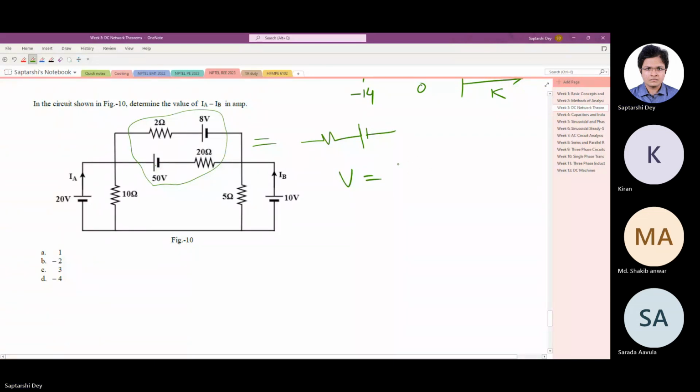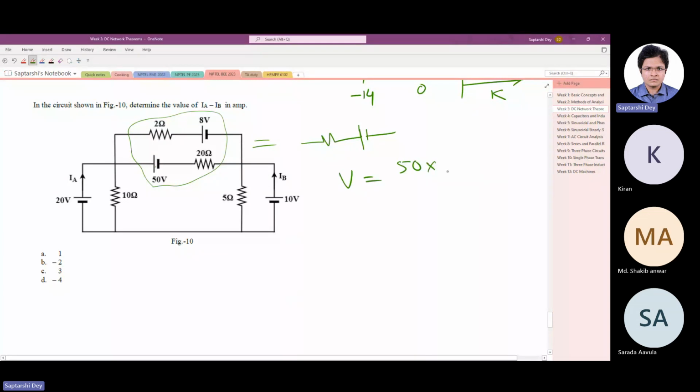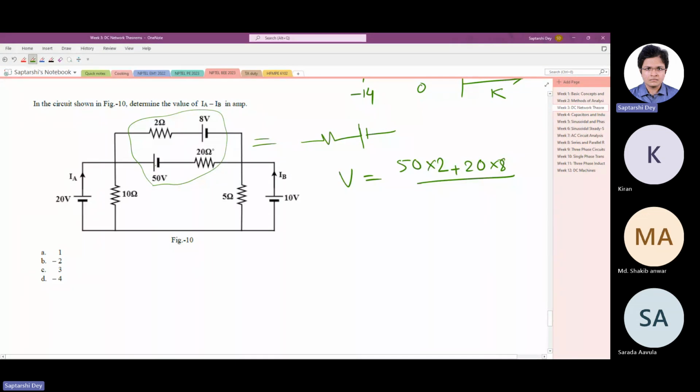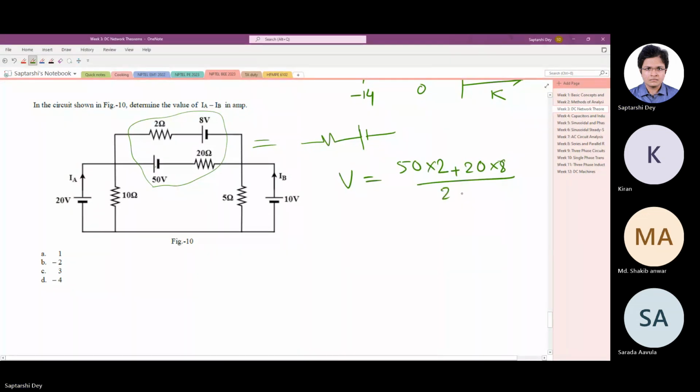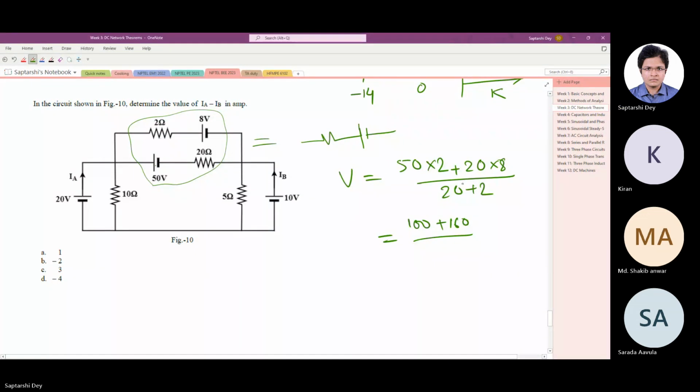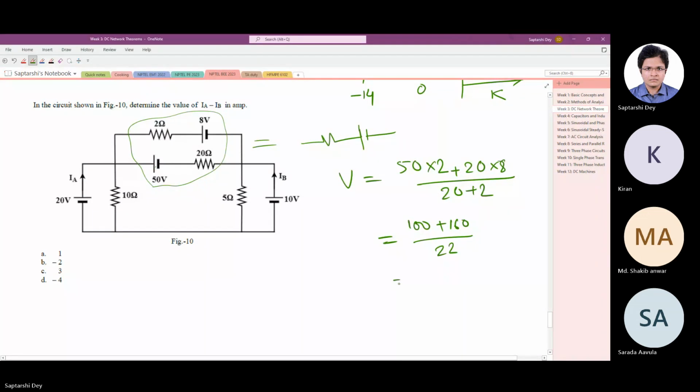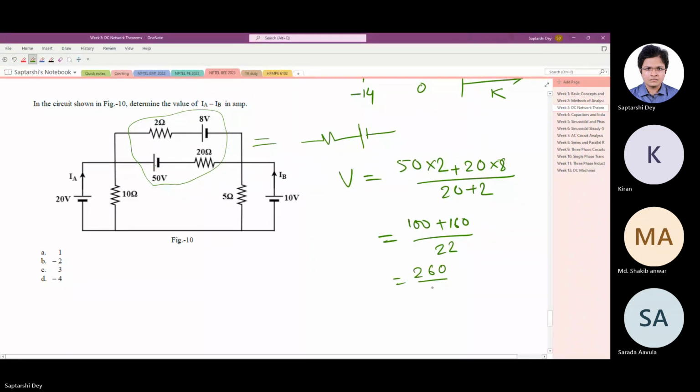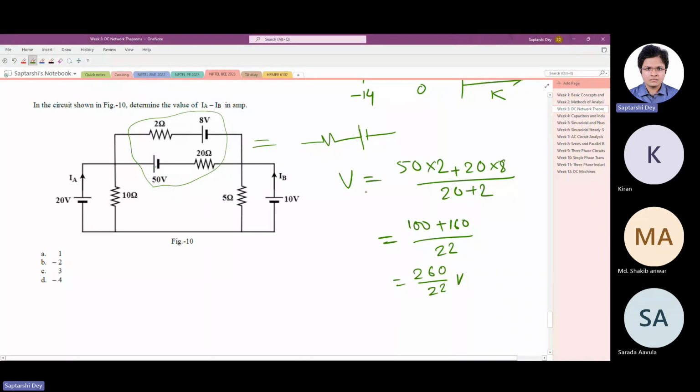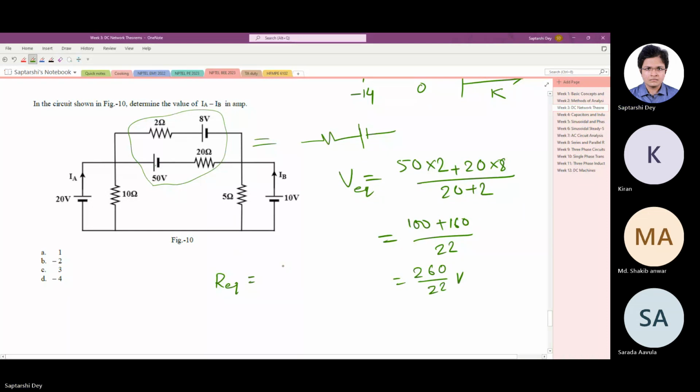So 50 times 2 plus 20 times 8 by 20 plus 2. Something like this was there, right? 100 plus 160. This was the equivalent voltage and the equivalent resistance was parallel, 40 by 22.